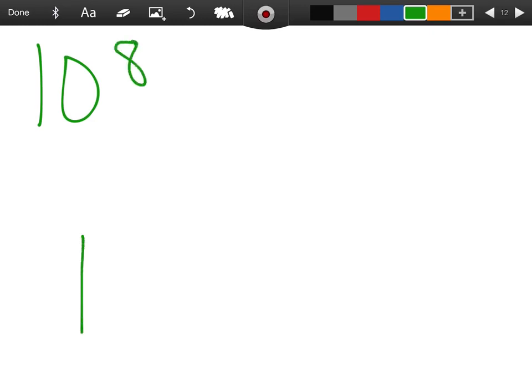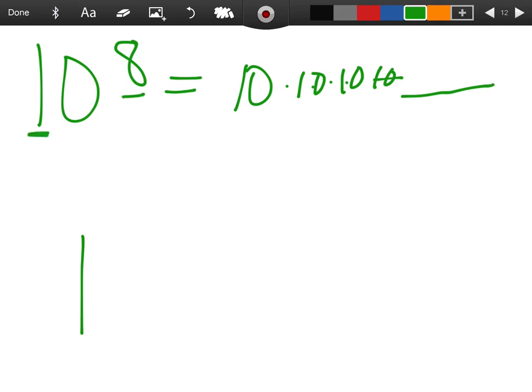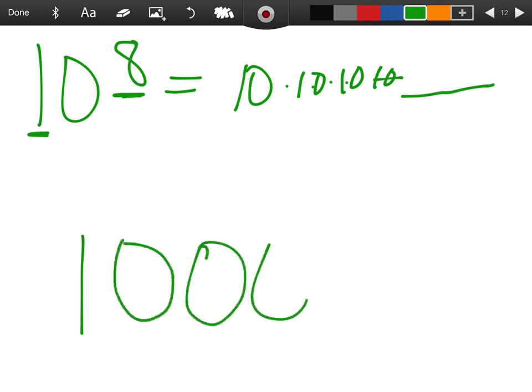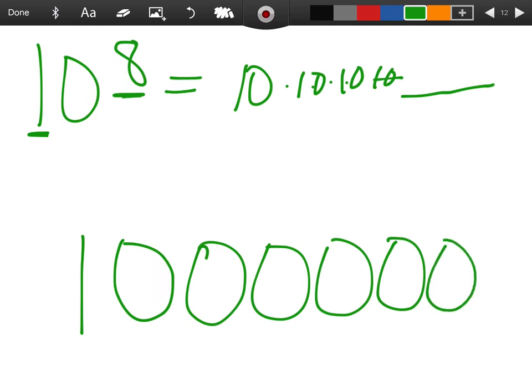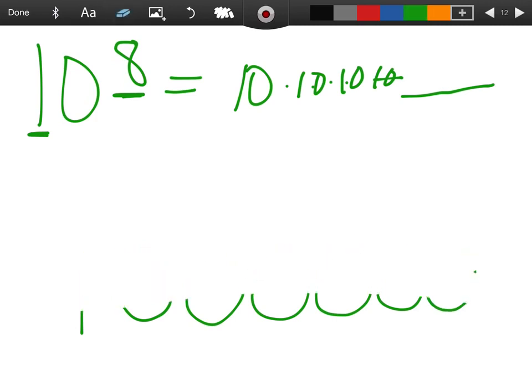Well, I know I'm going to start out with a 1. If I did my expanded form, it would be 10 8 times. So it'd be 10 times 10 times 10 times 10, and so on, 8 times. But if I wanted to make it into the standard form, I know I've got a 1 here and then 8 zeros. So I've got 1, 2, 3, 4, 5, 6. I've got to start writing smaller. Let's try that again.